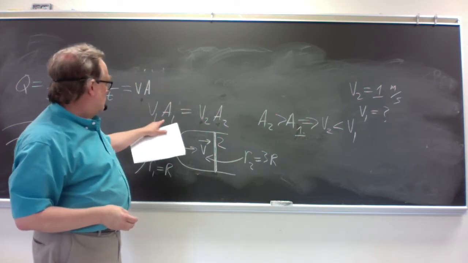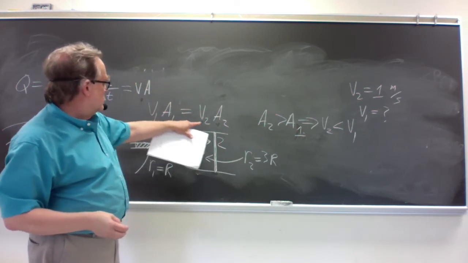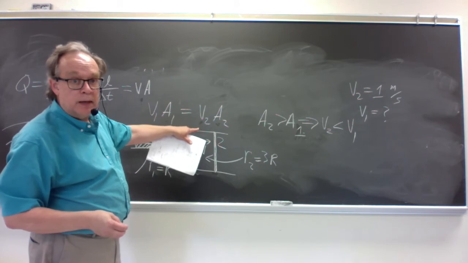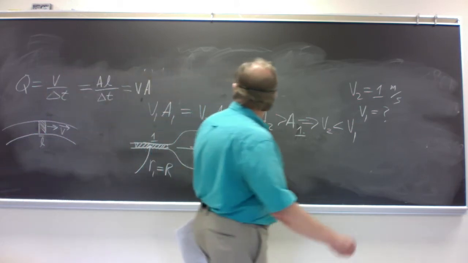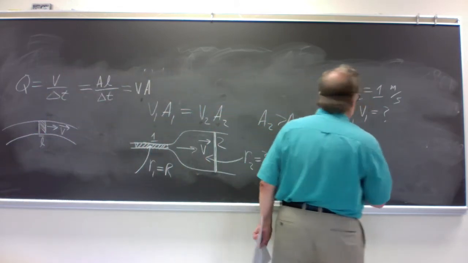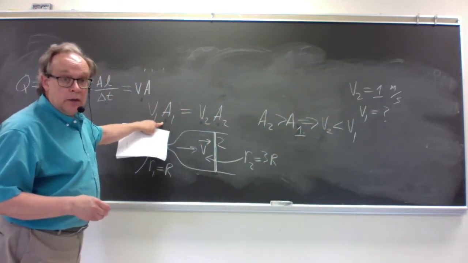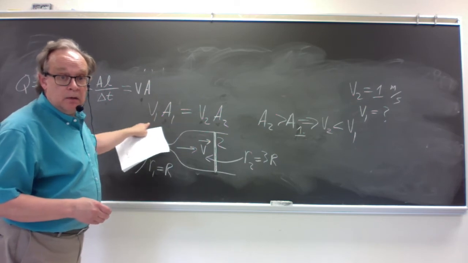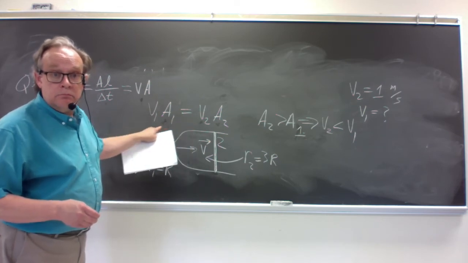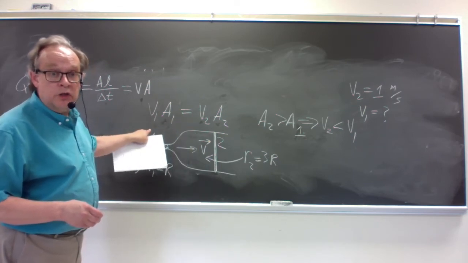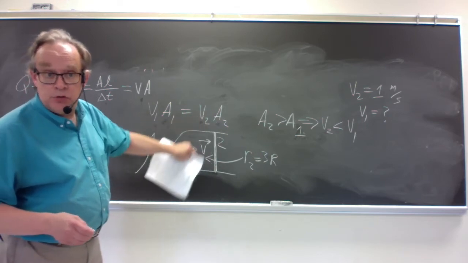How do we do that? Well, just rewrite this, divide both sides of the equation by A1, and now this becomes an equation V1 equals other stuff.